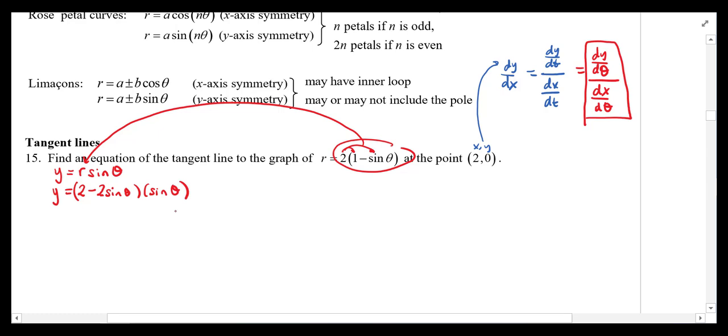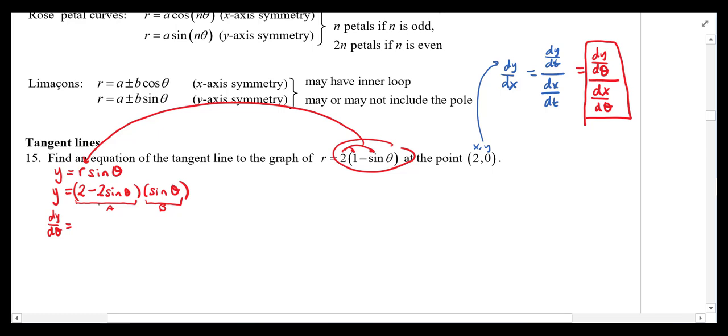So I need to find dy/d theta. Let's take the derivative. Oh, look at this. I see one thing times something else. Can you sing a song for me? That's right. Product rule, a prime b plus b prime a. So let's do this. A prime: the derivative of 2 minus 2 sine theta is negative 2 cos theta.